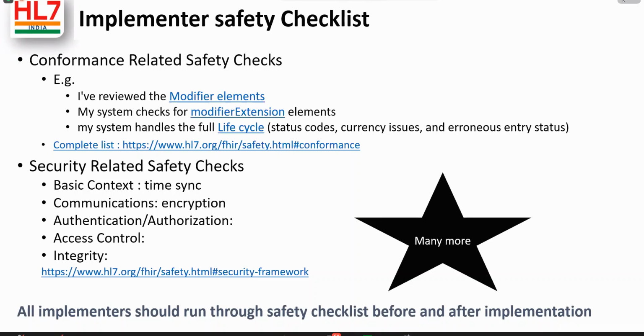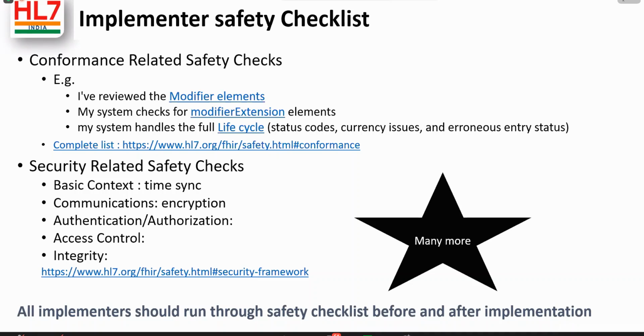But even given that, the FHIR spec also publishes a safety checklist. Whenever you are beginning to implement FHIR for an application, or you have completed your implementation, it's a good idea to run through that implementation checklist or safety checklist.